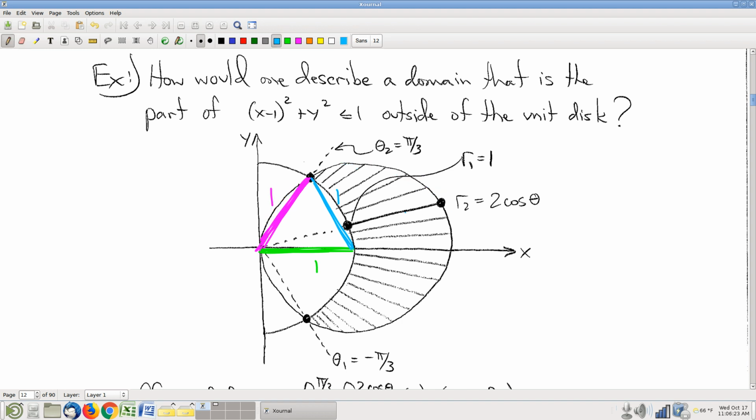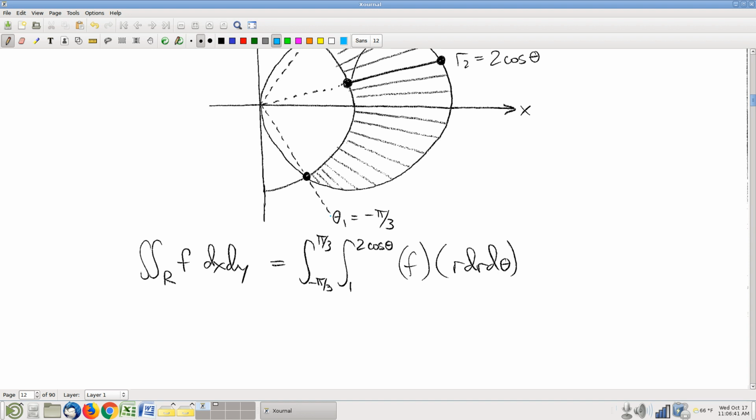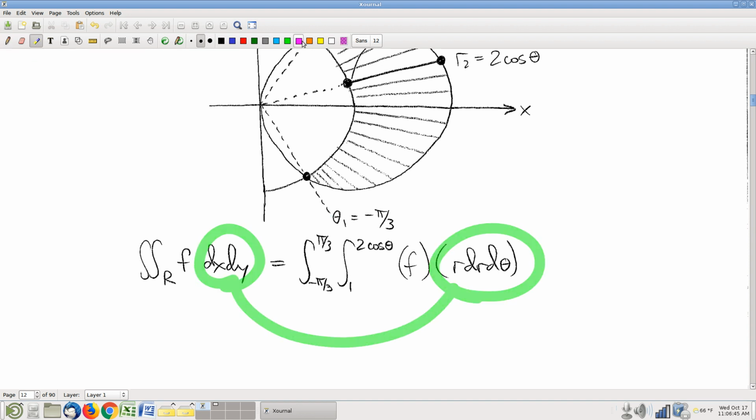So that's an equilateral triangle, and we know therefore that that angle is pi over 3. So clever. This kind of thing comes up sometimes, so be on the lookout for that. Again, don't forget your stretching factor. Okay? Everybody good?